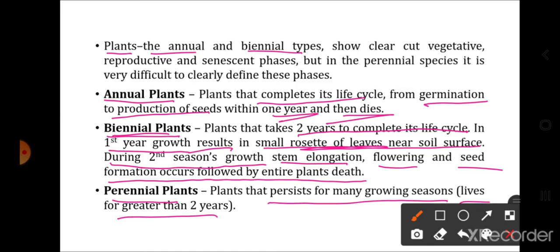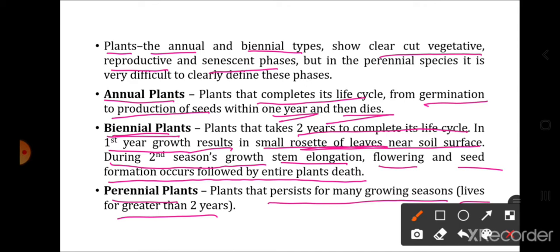So, when we talk about these categories of plants, the annual and biennial plants show clear-cut vegetative, reproductive and senescent phases. In annual and biennial plants, we can clearly distinguish amongst the vegetative, reproductive and senescent phases.